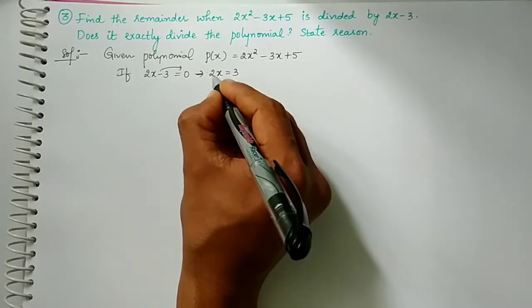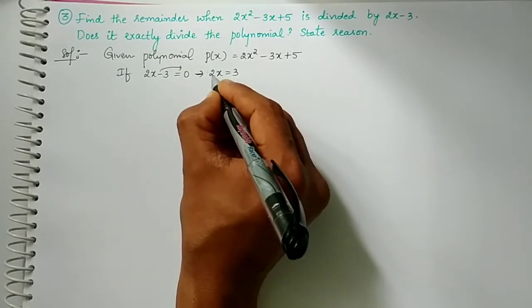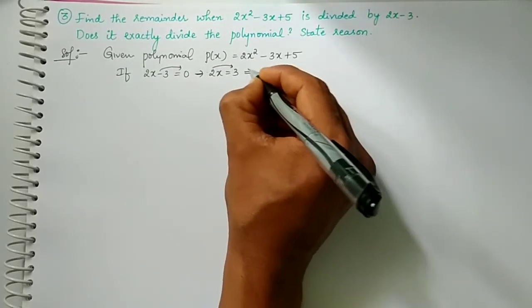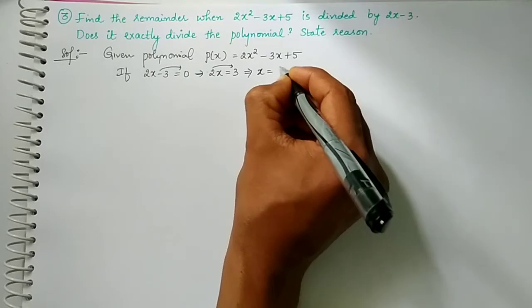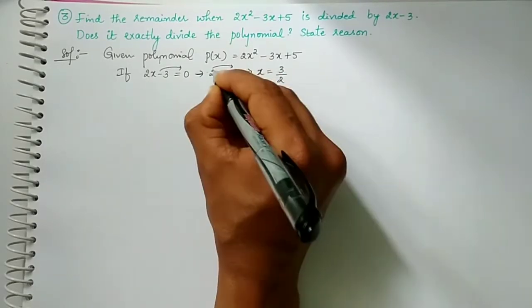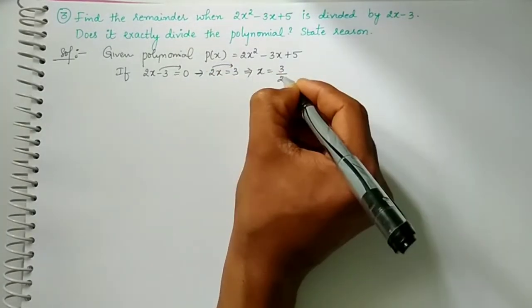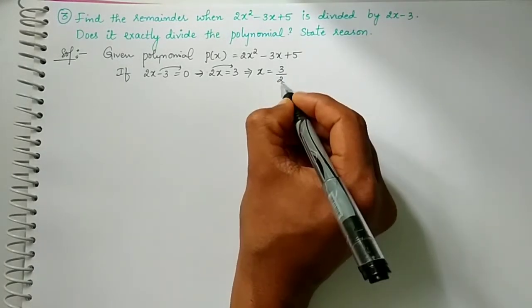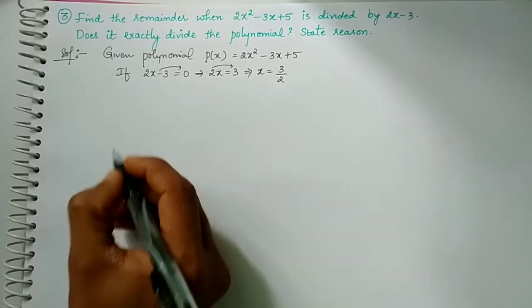Now to find the value of x, 2 is in multiplication, so transpose it to the right side. Then we get the value of x equals 3 by 2. By transposing multiplication to the RHS, it becomes division. So we have to substitute x equals 3 by 2 in the given polynomial.